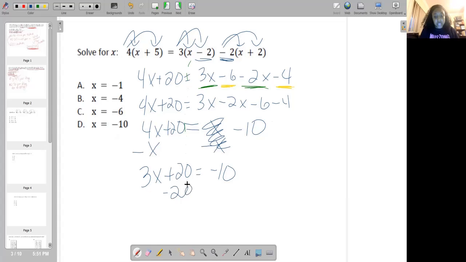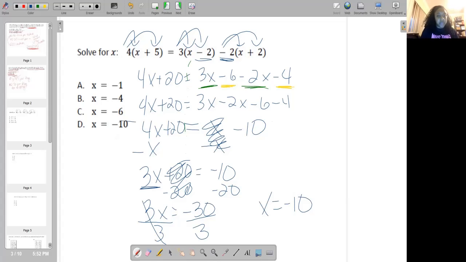Next thing I need to do is get this variable term by itself. So in order to do that, I need to get rid of that 20 that's there. So subtract 20 from both sides. I'm left with 3x equals negative 10 minus 20, which is negative 30. Final step is to divide both sides by 3. So x is equal to negative 10. So our answer for this is D.